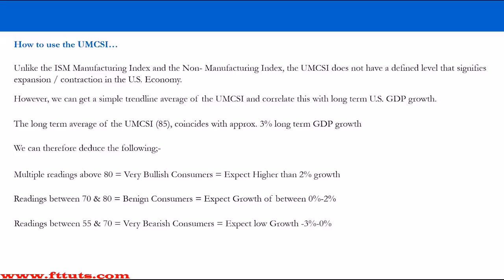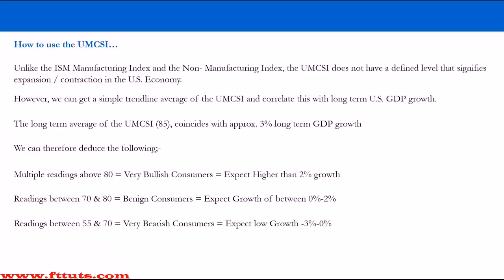What you actually have to do is correlate the level of the UMCSI historically with the levels of GDP growth that they predict. So long term, the average level of the consumer sentiment index is 85, and this coincides with approximately a long-term growth rate in the United States of around 3%.